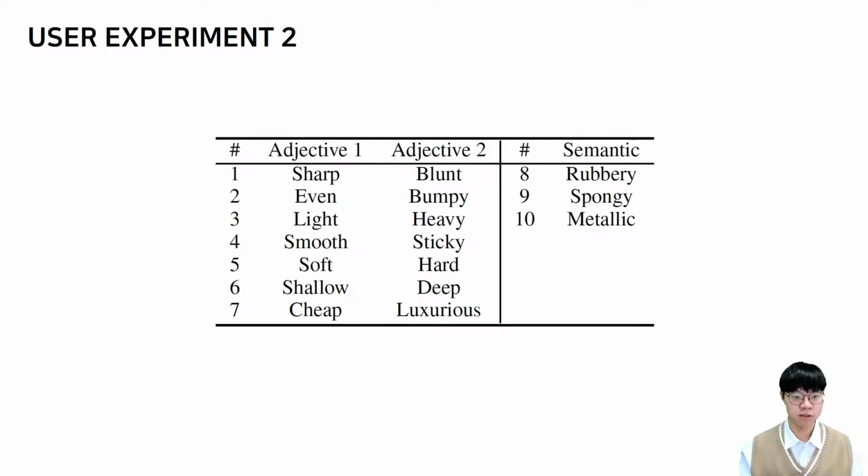In the second experiment, we tried to figure out a coordinate frame that can explain the point distribution of perceptual space with linguistically meaningful words. We selected 10 words consisting of 7 bipolar adjectives with opposing meaning and 3 unipolar semantic words for material properties.